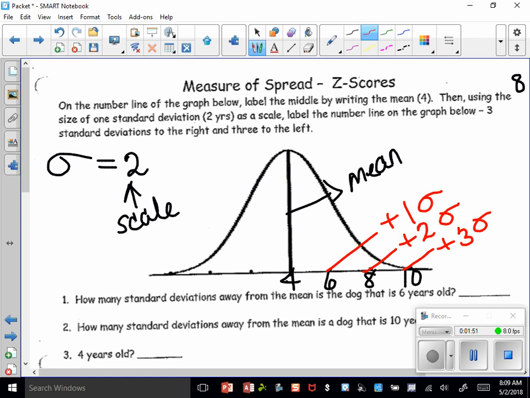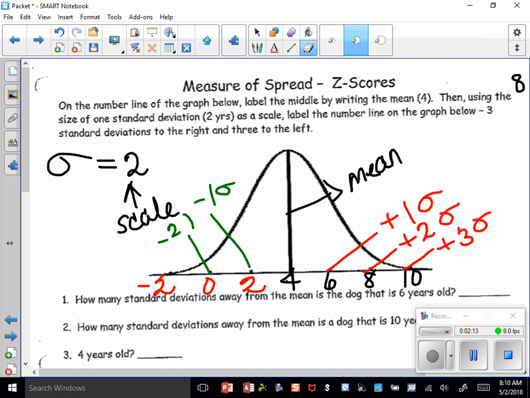Now we're going to go to the left. We're going to subtract 2, because that's our scale or our standard deviation. That's 2, 0, and -2. So this will be -1 standard deviation, -2, and -3.